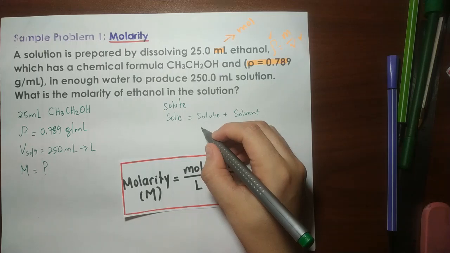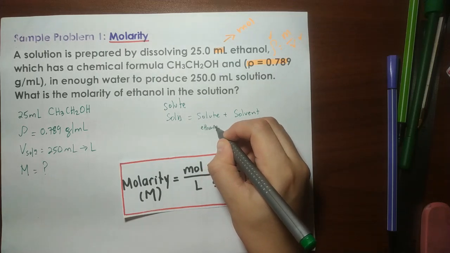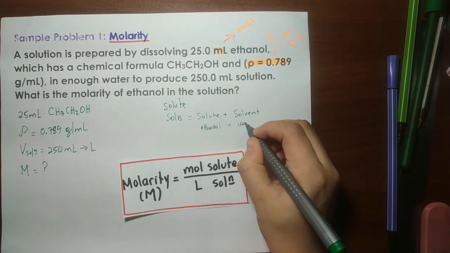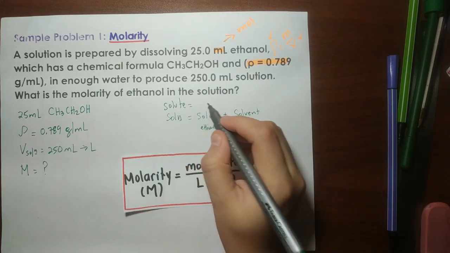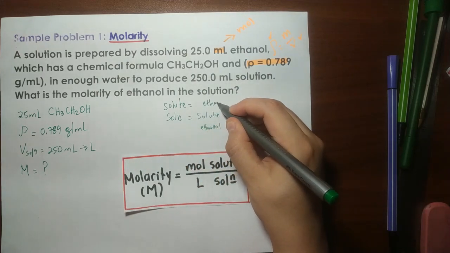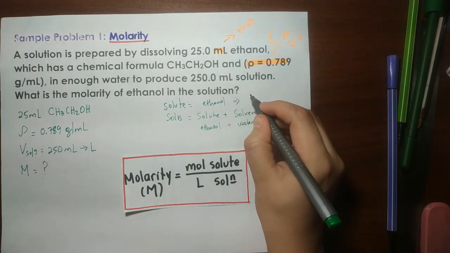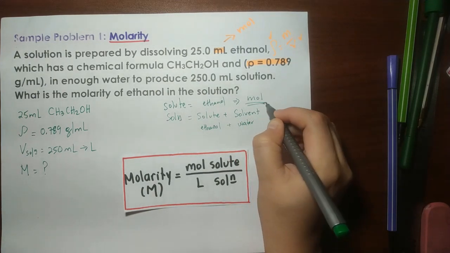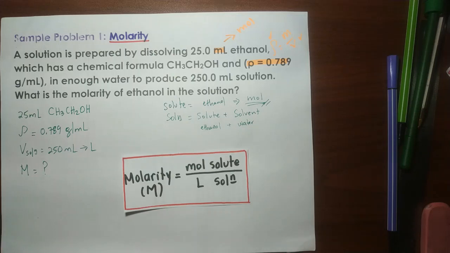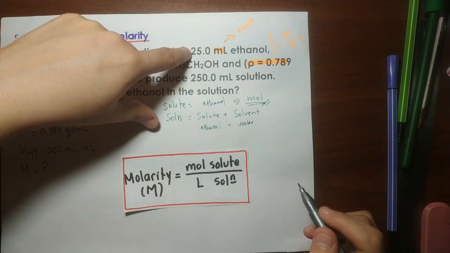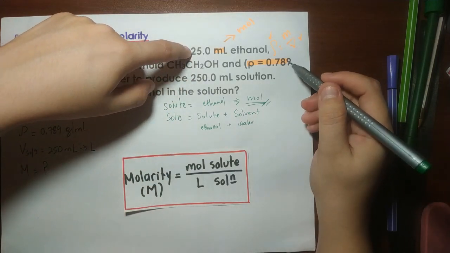In this case it is ethanol, and the solvent is water. So the solute here is just the ethanol. What do I want to know about the solute? I want to know the number of moles. I don't have it. I have the milliliters and I have the density.